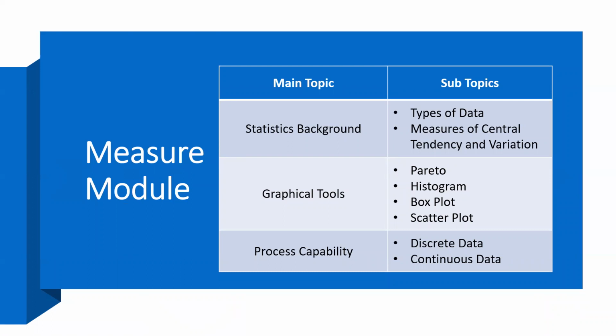The first part is about statistics background, and then there is a section on graphical tools, and the last part will be a concept called process capability, or how we describe a process. The measure module is math heavy. And for this session, we will only cover part one, which is the statistics background. And next week, we will cover the graphical tools and process capability.